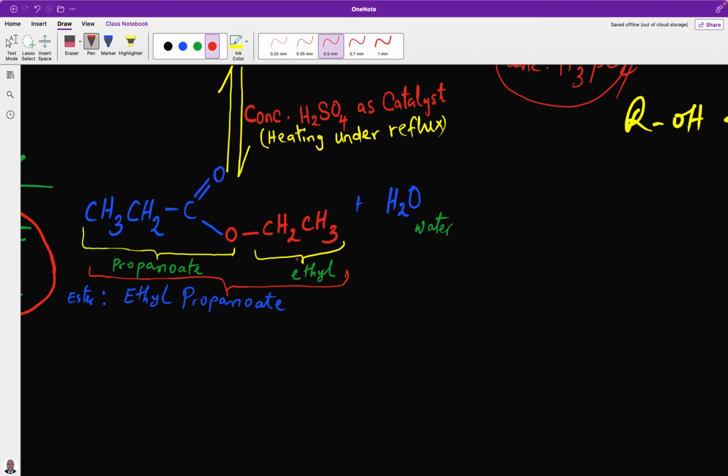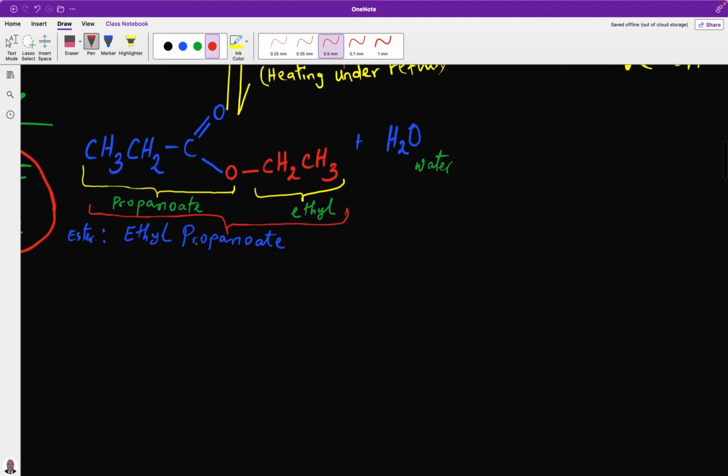The formula you see here is the structural formula, but we have been asked to draw the skeletal formula. In drawing the skeletal formula for this, we have 3 carbons here: the first carbon, the second carbon, and the third carbon.